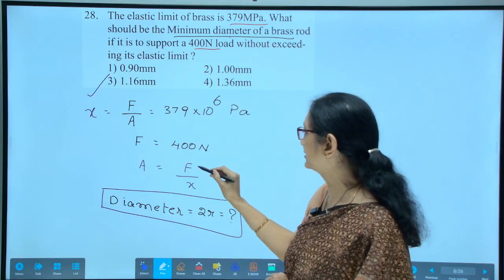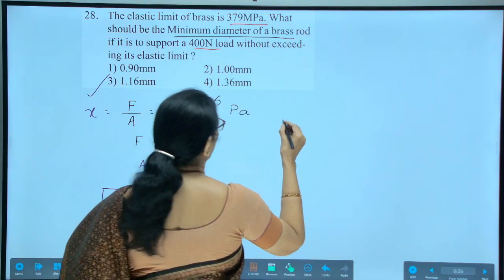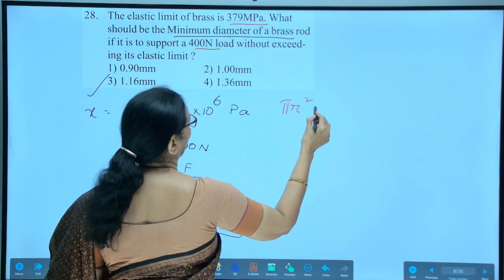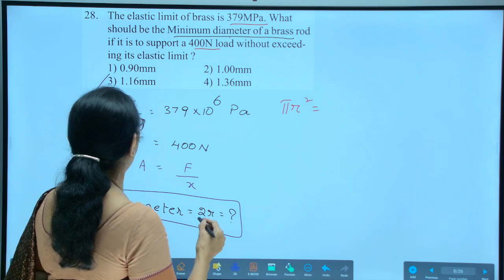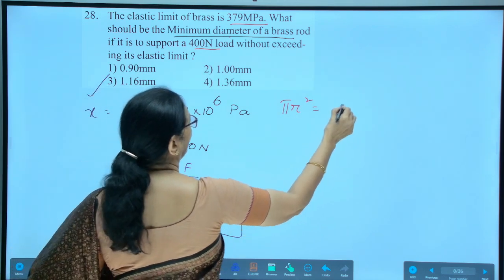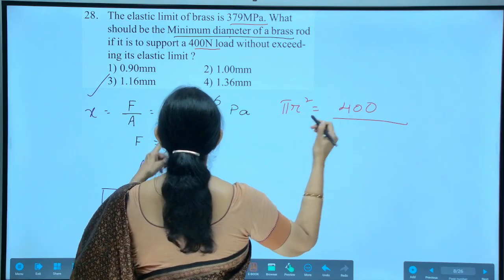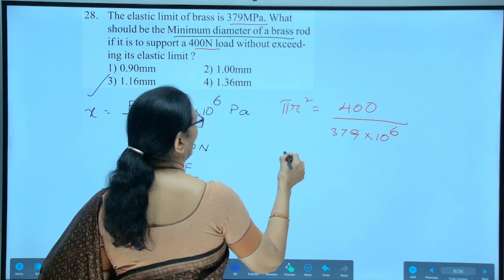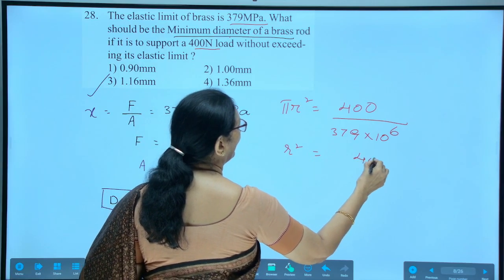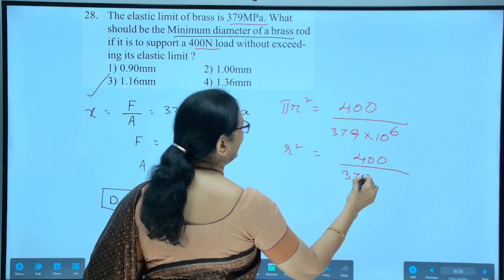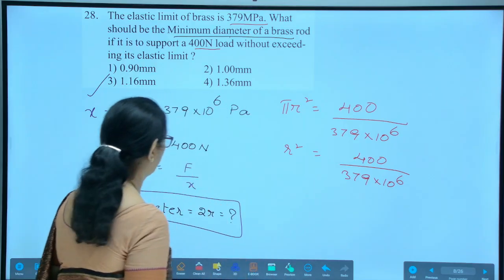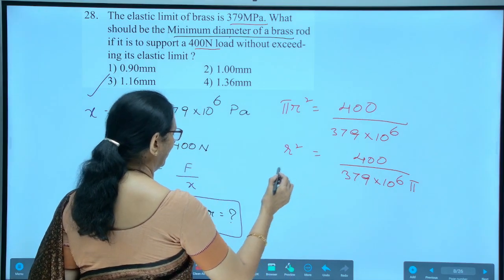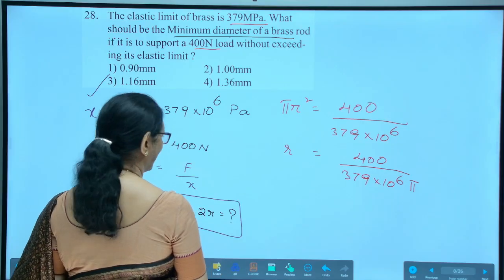So area of cross section is F by X. Here area of cross section means pi r square. So pi r square is equal to F by X. See what is F here? It is 400. X is 379 into 10 to the power of 6. So r square is equal to 400 by 379 into 10 to the power of 6, that is F by X pi. Right? If you want to know the r value, you have to take square roots on both sides.